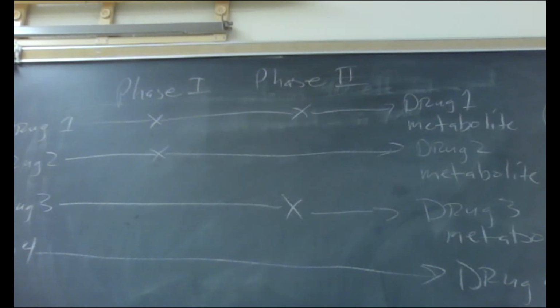Other drugs that are prodrugs include codeine. Codeine is activated to morphine by cytochrome P450 2D6. What happens if you give an ultra rapid metabolizer codeine? You might get morphine poisoning.